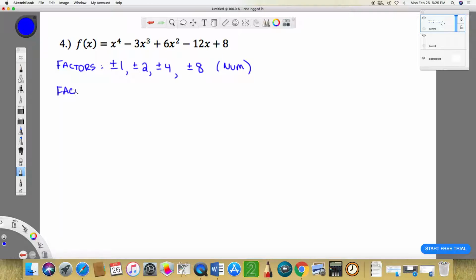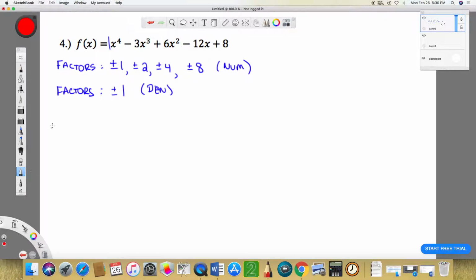We look to the leading coefficient, which it's kind of nice that this leading coefficient is 1, because it just means that we have factors of positive or negative 1. That's going to be our denominator. So when you take each one of these numerators and divide it by 1, you get the same thing back.